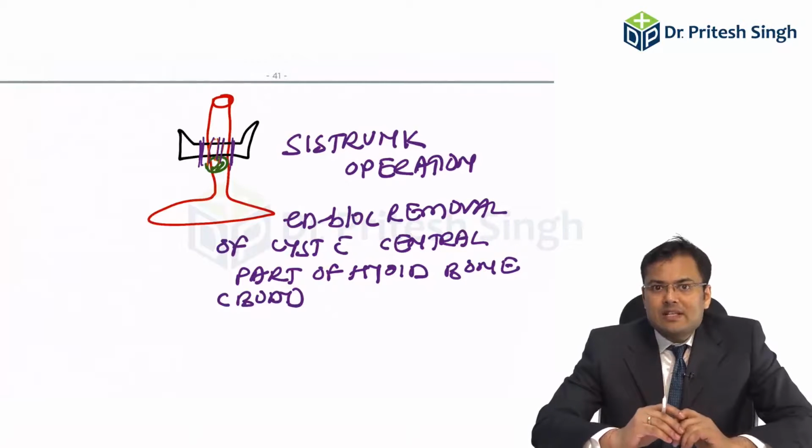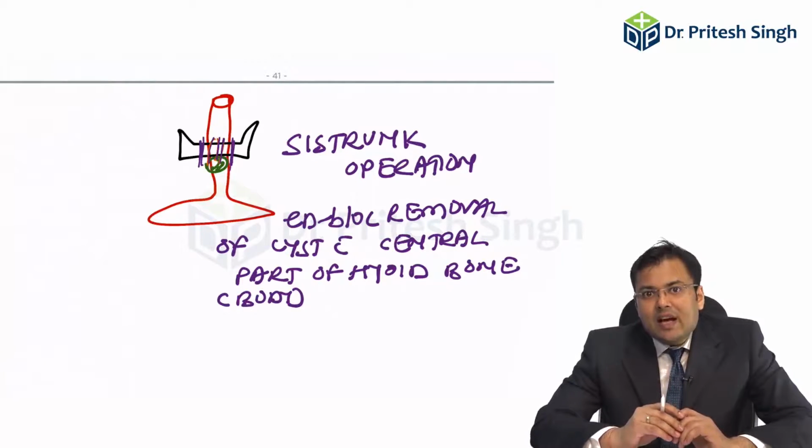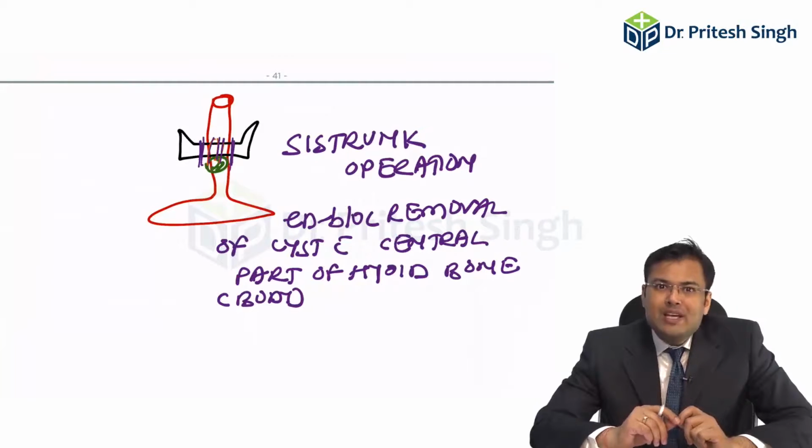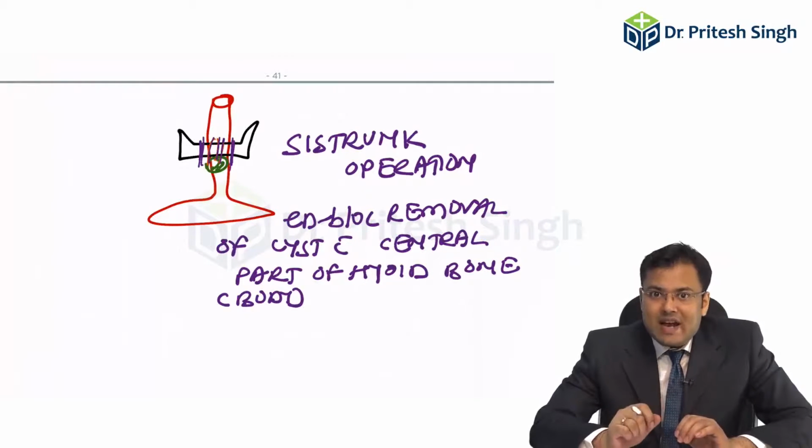After that, the question is asked, how will you treat thyroglossal fistula? What is the definition of fistula? Fistula means communication between two epithelial lined surfaces. If there is a fistula, we have to excise the fistula tract.